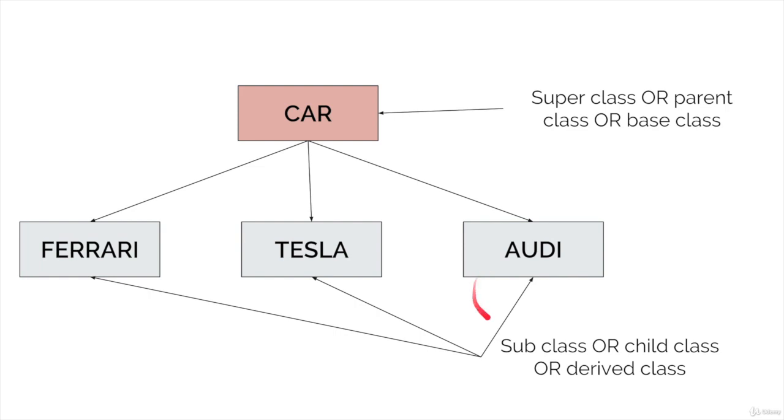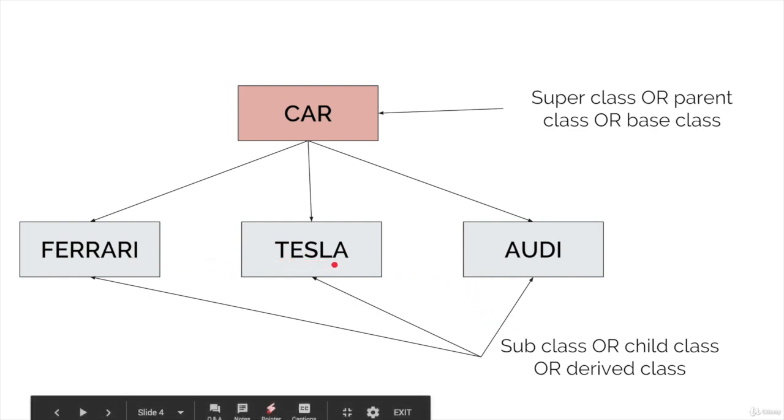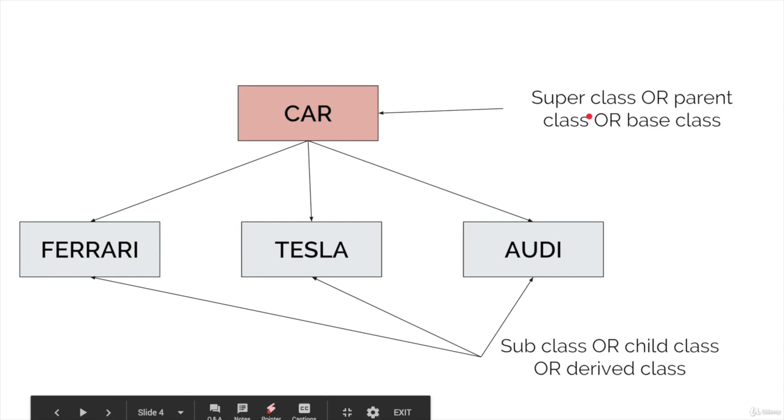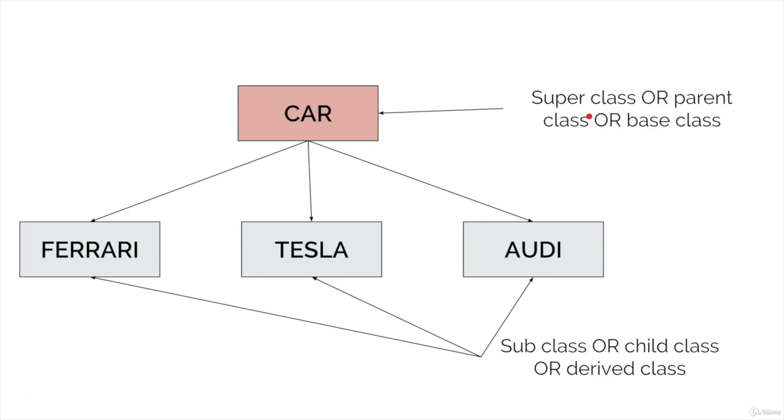Ferrari, Tesla, and Audi are also known as subclasses, child classes, or derived classes. Different people will use different terminologies in the world of object oriented programming. Some might call it superclass, some might call it base class, some might call it parent class. So it's important to know that all three of them mean the same.